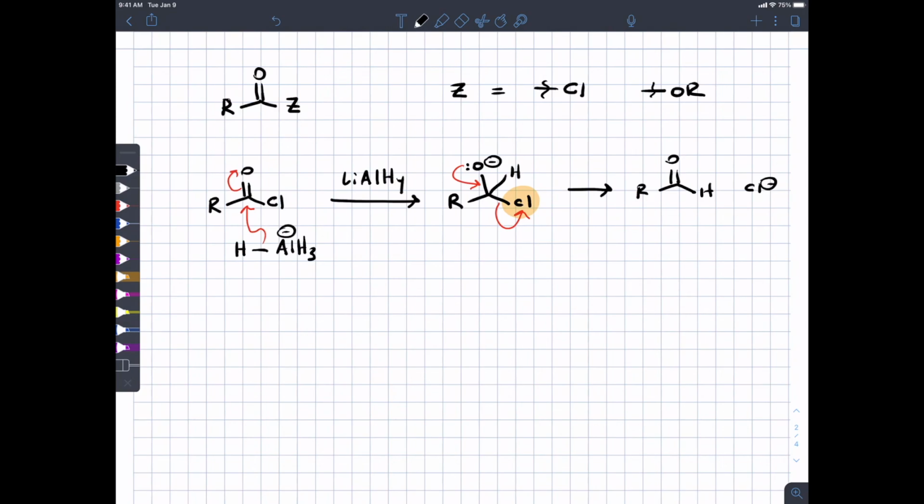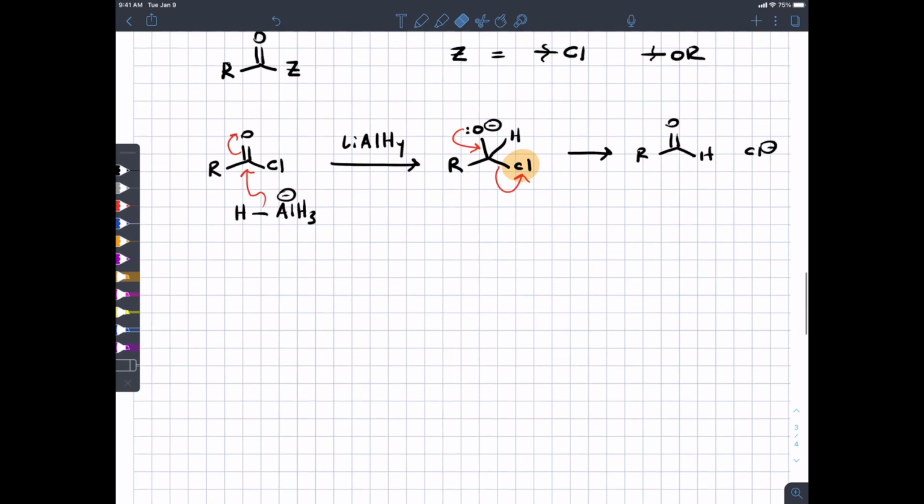The way you can tell that is because the conjugate acid of negatively charged oxygen is an alcohol with pKa 16, whereas the conjugate acid of chloride is HCl, pKa -9. I'm just trying to say that this forward reaction is very thermodynamically favorable. So we lose the chloride, but now we've made something that we already know can react with lithium aluminum hydride.